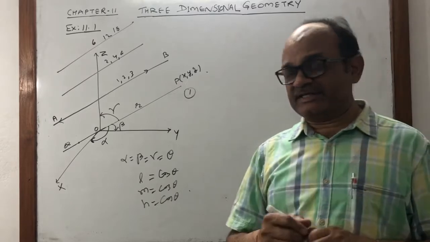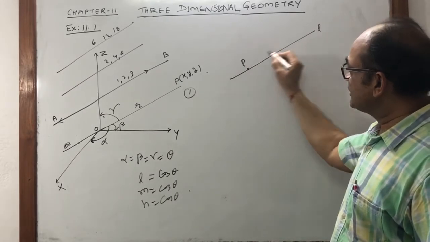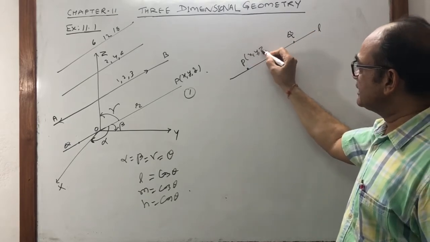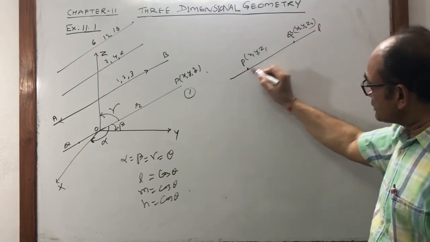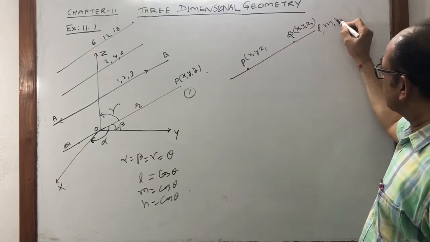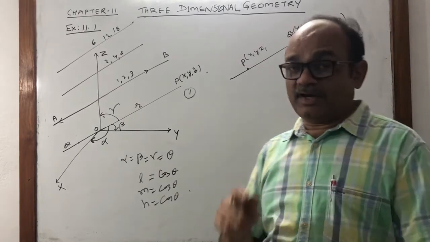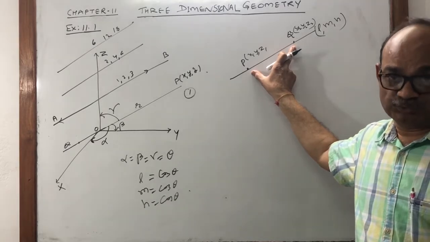Now the next point is, if we have a line, say L, and any 2 points on this line, say P x1, y1, z1 and Q x2, y2, z2. Suppose this line has DCs L, M and N. And we want to calculate the direction ratios of this line segment PQ.